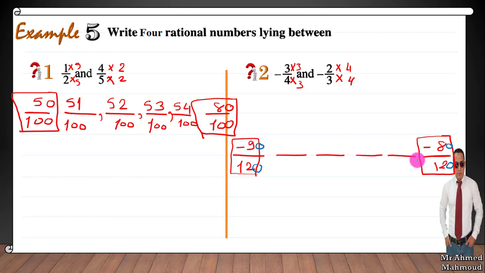Between negative 80 and negative 90 I have negative 81 over 120, negative 82 over 120, negative 83 over 120, negative 84 over 120, and these are the 4 numbers. Okay, the next example.